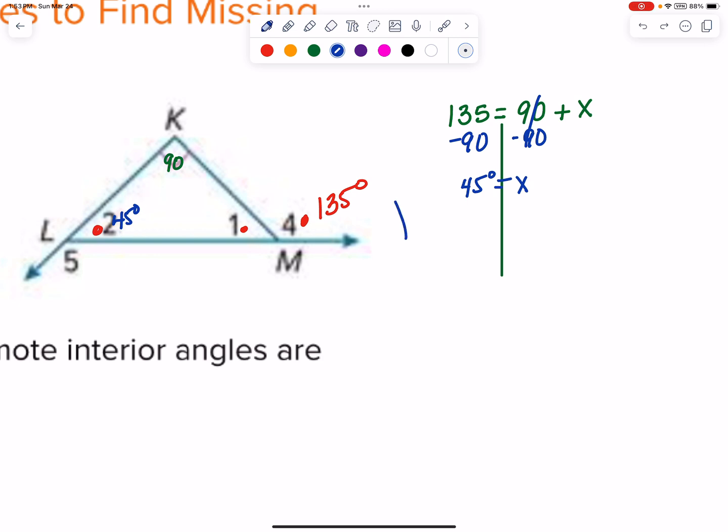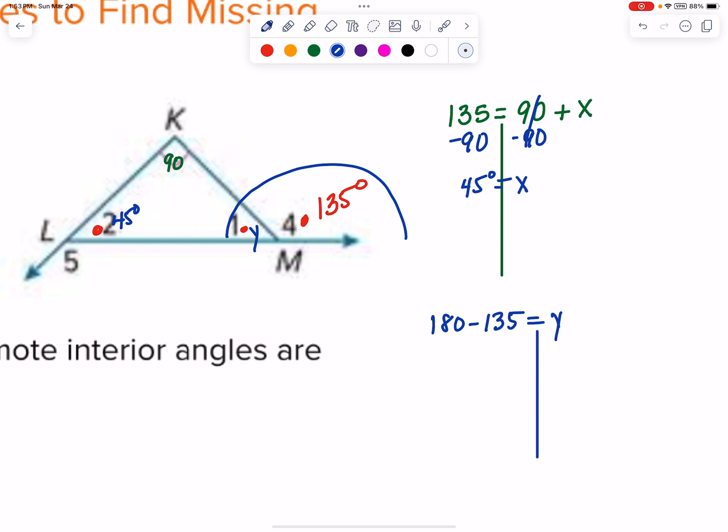This is quicker, I think, to do the supplementary angle version. So I'm just going to go ahead and do 180 minus 135 equals x. Okay. And I should probably call it y because we were calling the other angle x. Okay. So let's go ahead and shift that in variable world.